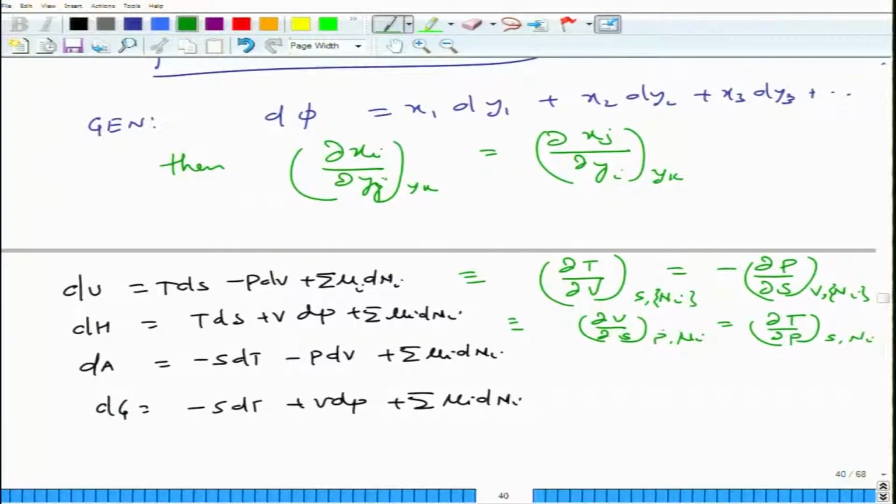You can make this del P by del T, which will be equivalent to del S by del V. So this is using inversion rules.